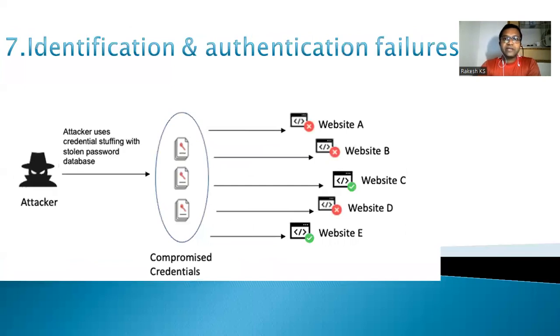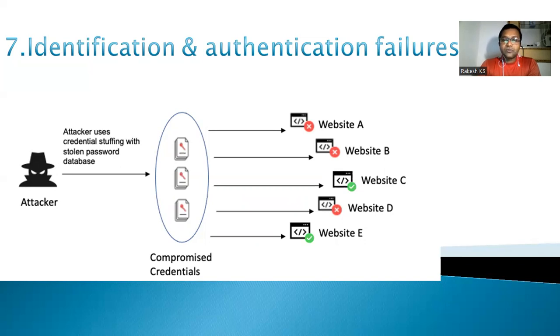Next one is identification and authentication failures. Identification and authentication is when you're creating a server, a database, or any website, you give identification and authentication to the particular users. What happens here is the attacker uses credentials or passwords which have already been stolen from a database.